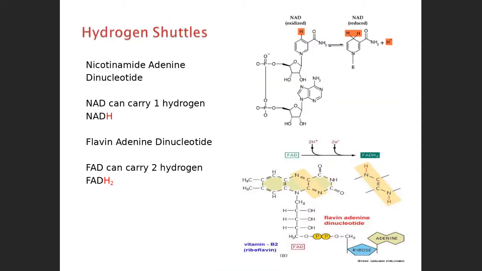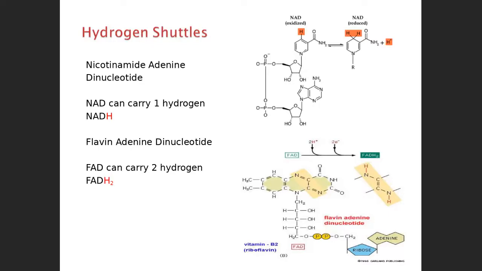All right. So I want to introduce you to some very important molecules. These are the cellular respiration shuttles, and their job is to move the liberated hydrogen. Wherever they're liberated, they pick them up and they take them to the place where the electron transport system is located.